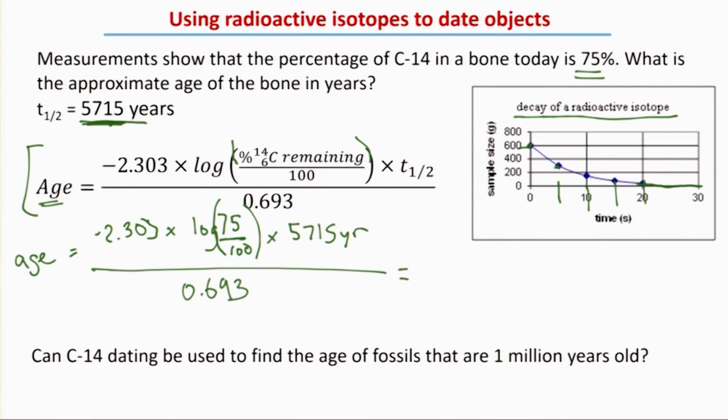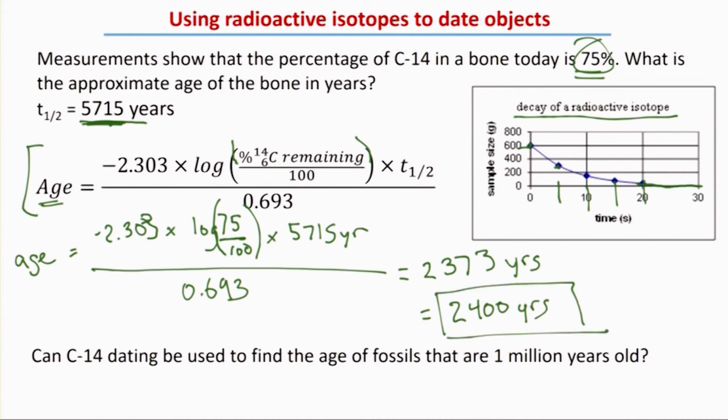Work that out on your calculator, and I get an age of 2,373 years. If I'm going to think about sig figs, we had about 2 sig figs in the 75%, so I'll just say this bone would be 2,400 years old. So not too bad. And that makes sense, right? We didn't quite hit a half-life of 5,715 years, since 75% of it is still present.